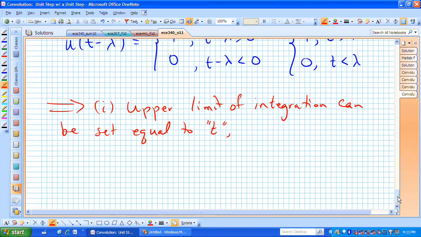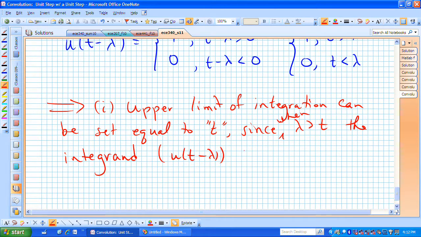Because of that, we can set the upper limit of integration equal to t, since when lambda is greater than t, the integrand, which is u of t minus lambda, actually equals 0.